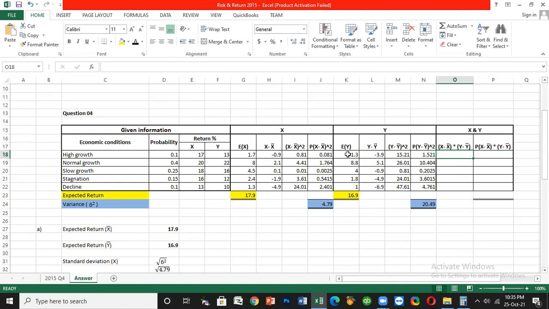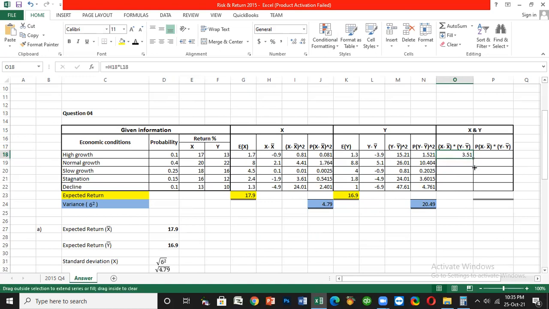The x minus x bar and y minus y bar we already calculated. Then we can easily calculate it. Let's see. 0.9 multiplied by minus 3.9. So 3.51 is the (x minus x bar) multiplied by (y minus y bar).